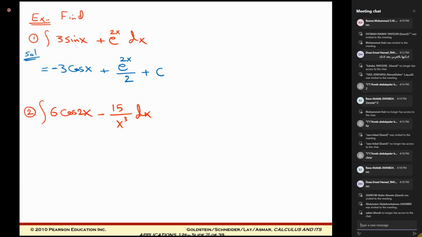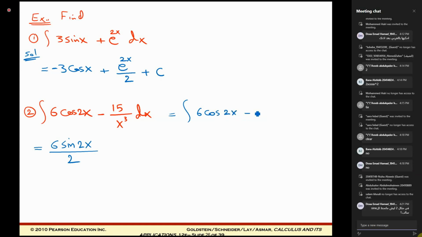The second, we have 6, the integral of cosine is sine 2x over 2, the coefficient of x. Okay, this is integral of 6 cosine 2x minus 15x to the power negative 3. What is the x in the numerators? So convert the exponent from positive to negative. Minus 15 x to the power minus 2 over negative 2, plus c.